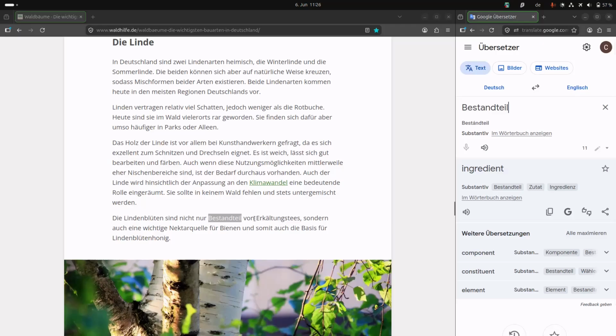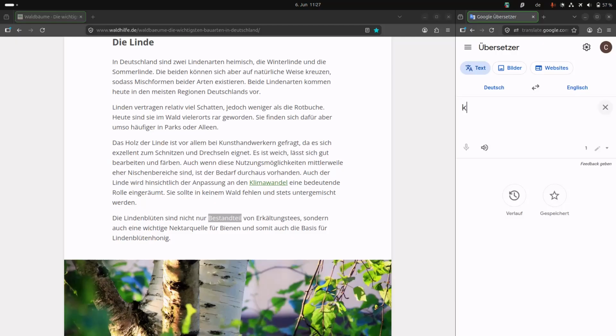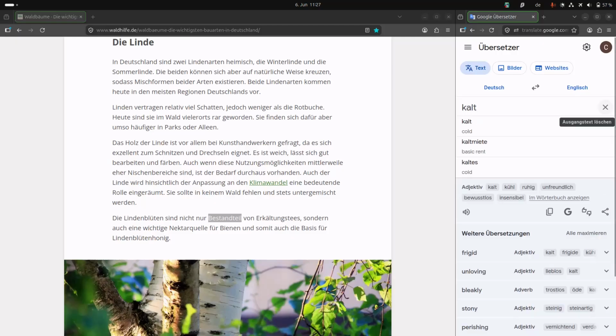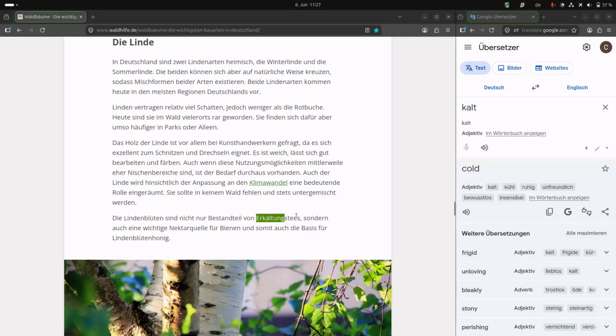Von Erkältungstees, of Erkältungstees, this derives from the word kalt, very much, like originally, which means cold. And Erkältung means also cold, but in terms of a cold, so like you catch a cold and get sick. Erkältung just means cold. Tee, so Erkältungstee, so a tea of the cold or for the cold, or yeah.